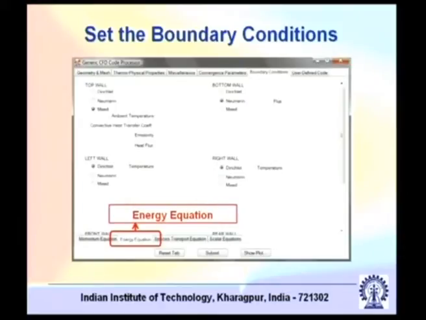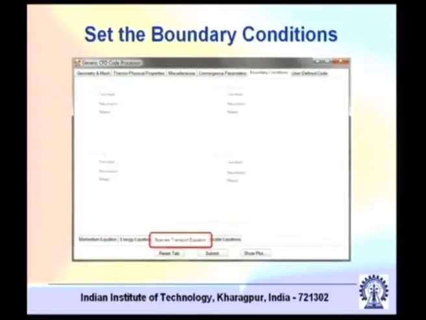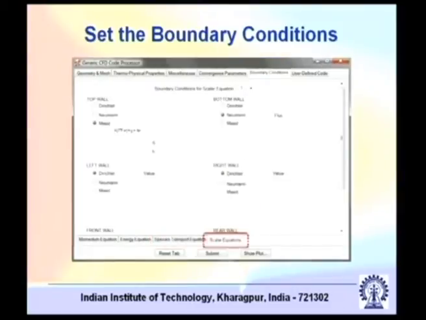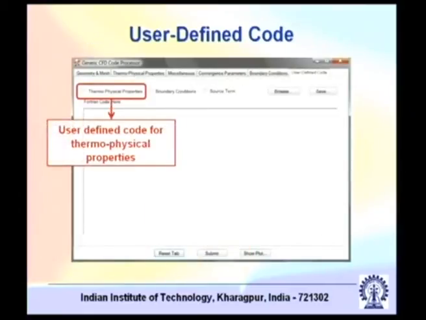So you can have boundary conditions for different equations, species transport equation, and for any other generic scalar equations. So for each type of equations you can use different boundary conditions. We will go into the boundary conditions in more detail through 1 or 2 examples that we will see later on.